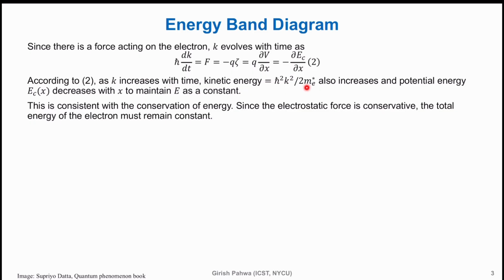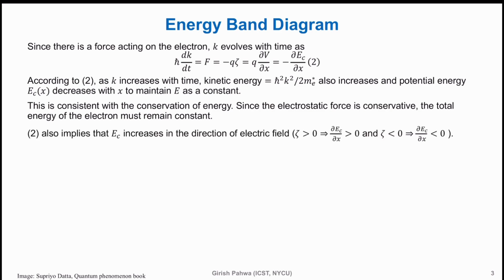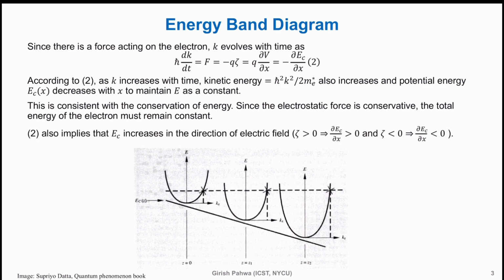Now we can show it in the form of a diagram, and that's what my energy band diagram is. Look at this. Here I have my E_C and it is decreasing with X. This is my total energy. When you start from here, you can make an E-K diagram here. This represents the minimum point of the E-K diagram.